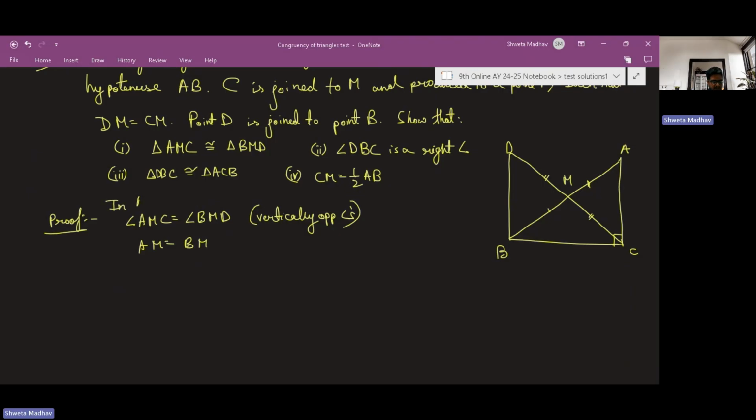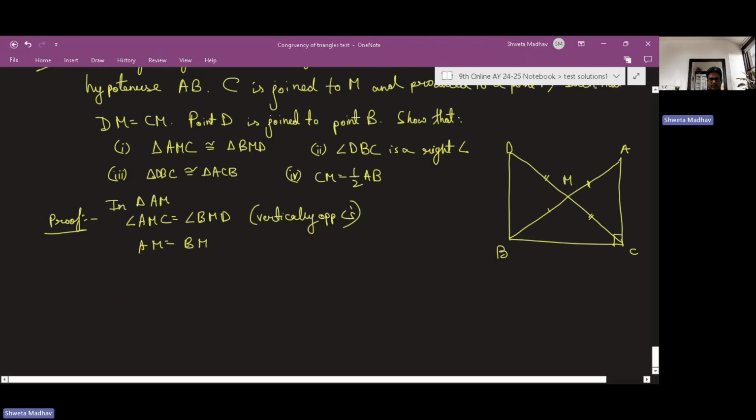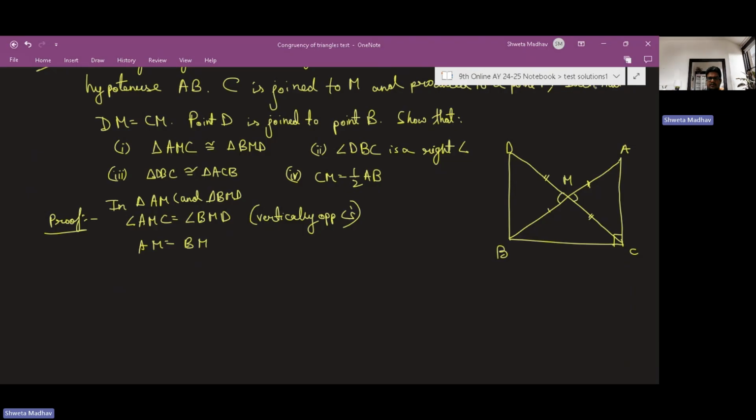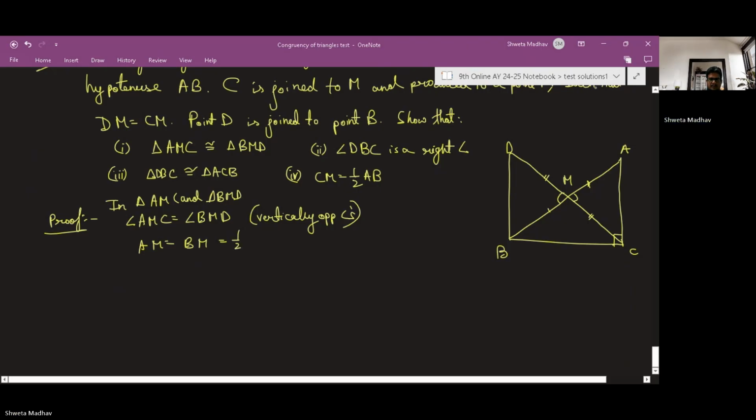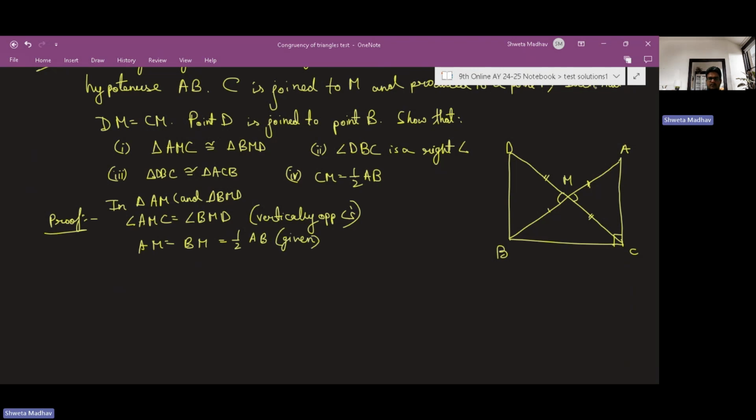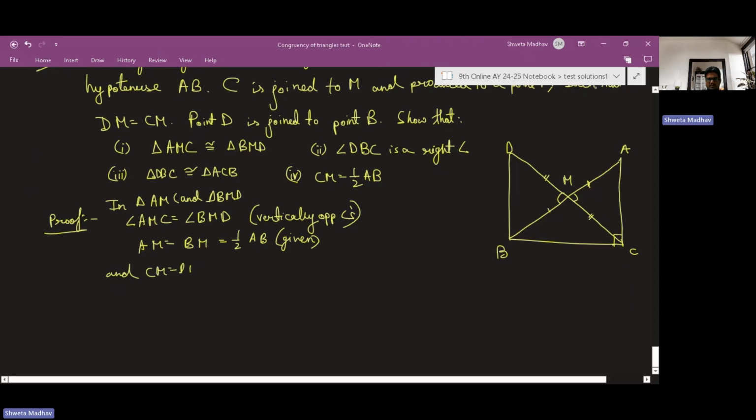So we should say this in triangle AMC and triangle BMD. These two are vertically opposite angles. AM is equal to BM, which is obviously half of AB, which is given also, as M is the midpoint of AB. And CM is equal to DM, equal to half of CD, which is given also.